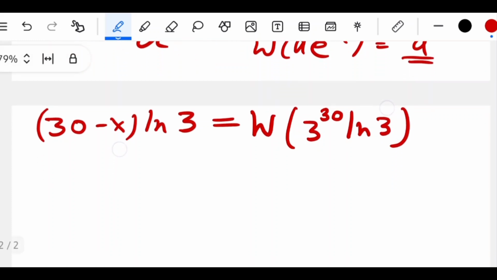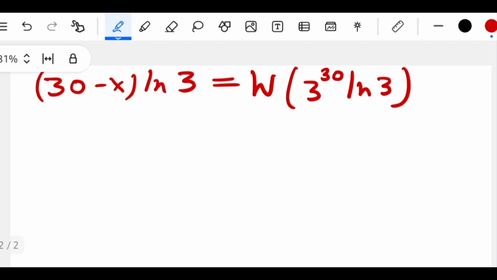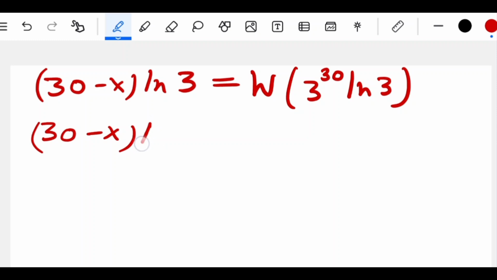Now 30 minus x ln 3. This side is very important. On this side we have 3 raised to 30 ln 3.